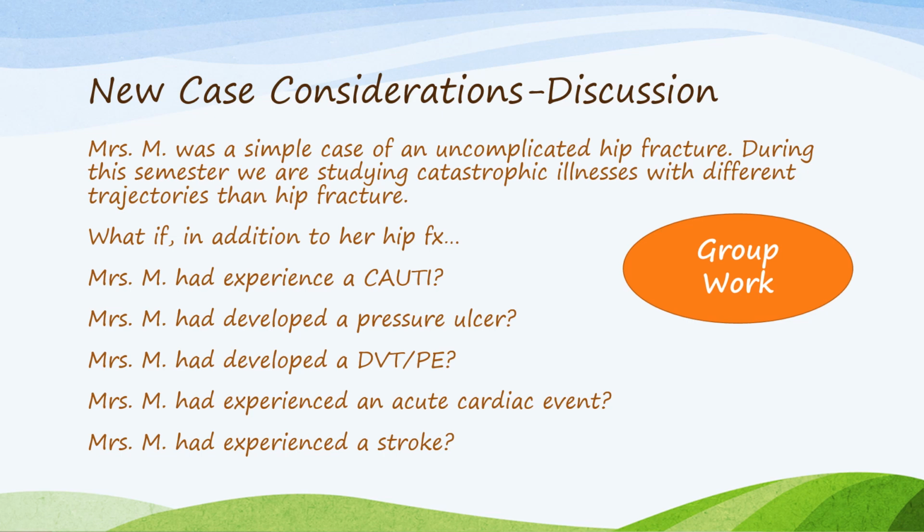What would we do if, in addition to her hip fracture, she experienced a catheter-associated UTI, or developed a pressure ulcer, or a DVT-PE, or unfortunately experienced an acute cardiac event, or a stroke, all of which are risks from being in the hospital, all right? Normally, I would have you work in a group and give you some time, and I would have you work all of this out. What would have happened? How would this trajectory have been different with all of these?